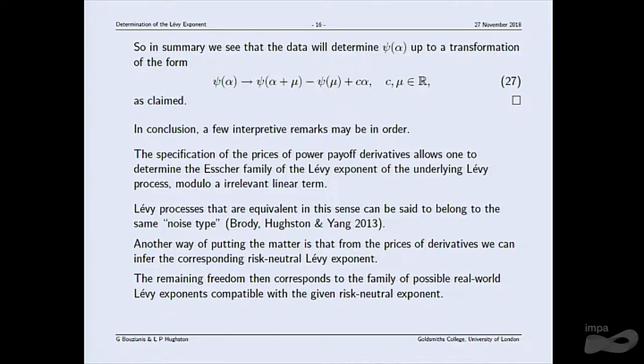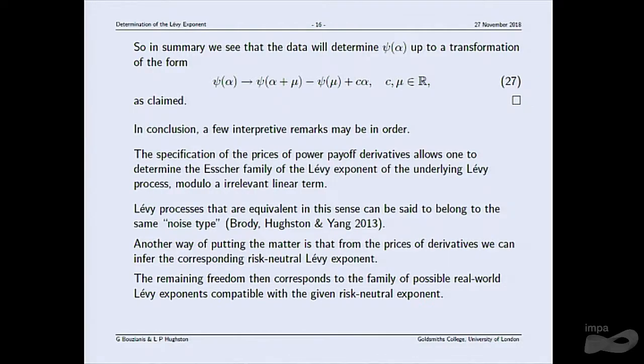And the Poisson process with one intensity and the Poisson process with another intensity constitute a family of Levy processes that are related by Esscher transformations. So we can say two different Poisson processes, with different intensities, correspond to a pair of Levy processes that belong to the same noise type, and so on.